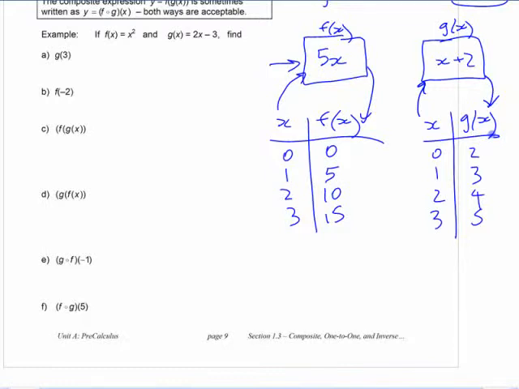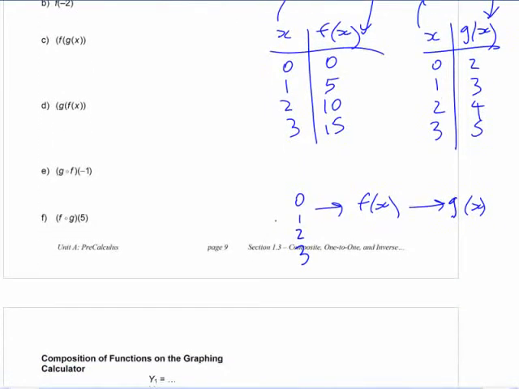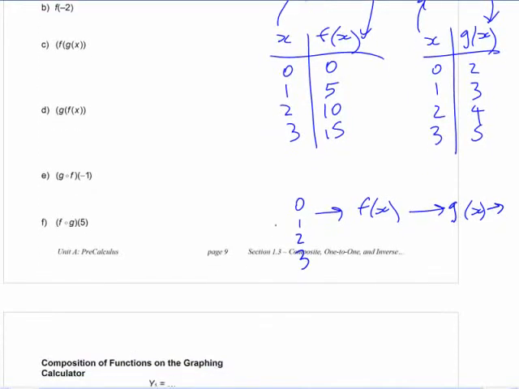If you combine them together now, if you put a number like 0 or 1 or 2 or 3 into f of x, and then you put it into g of x, what do you get? Each of those numbers, what do you get? If you put a 0 in, you apply this function, f of x, so it means multiply by 5.